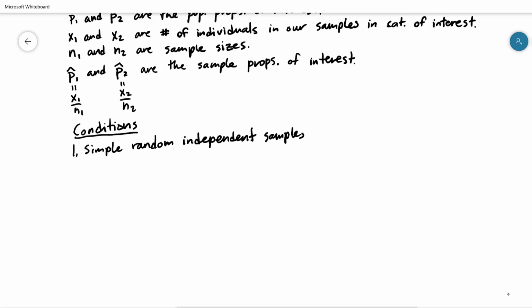And again, the independence just means that the outcomes of one of our samples shouldn't affect the outcome in the other sample.